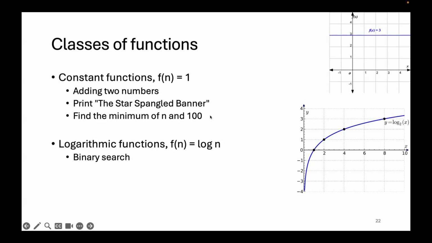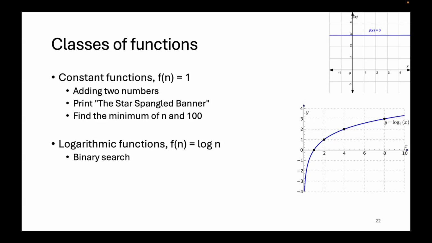Find the minimum of n and 100. We're not going through n in any capacity. We're just finding the minimum of n and 100. Logarithmic functions look something like log n.